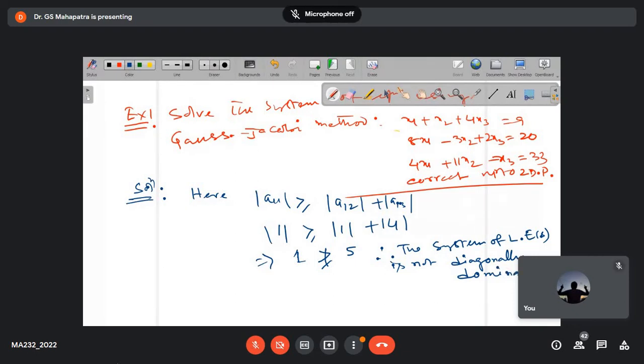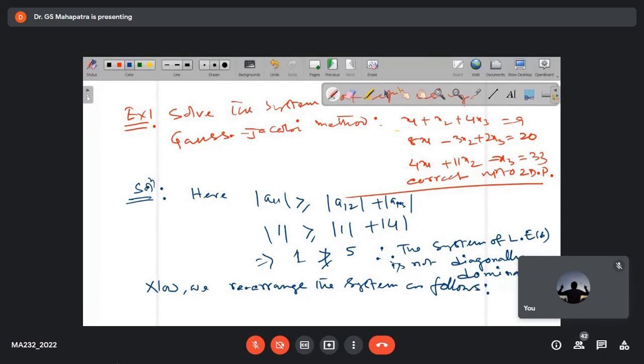Fine, not diagonally dominant. Now we rearrange the system as follows. Just check here.